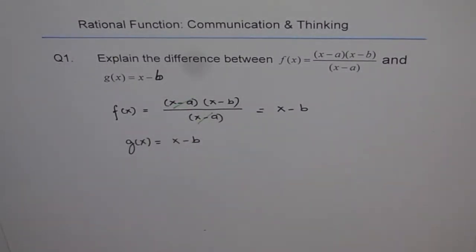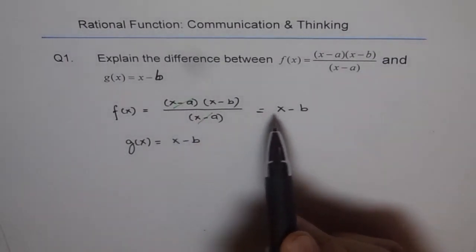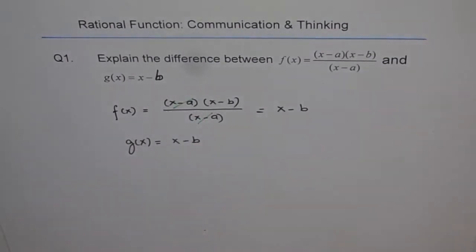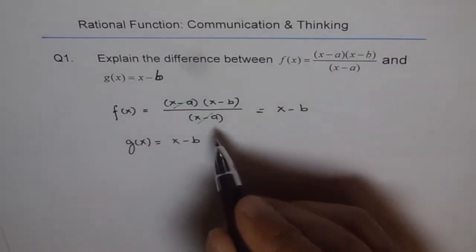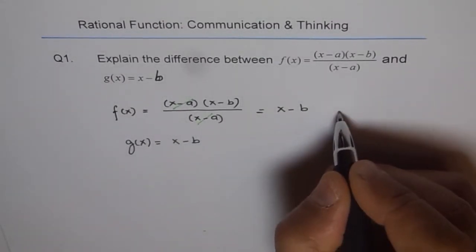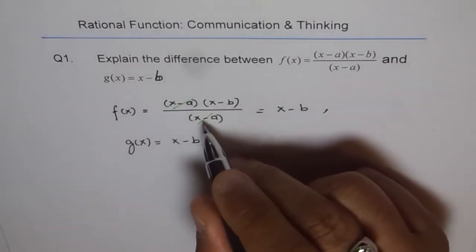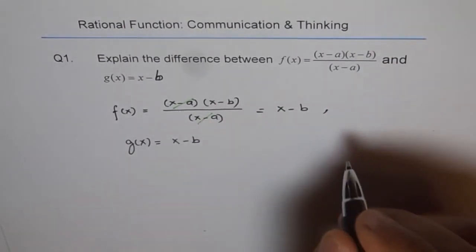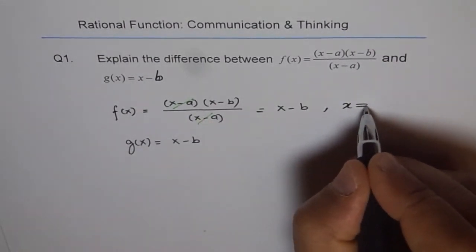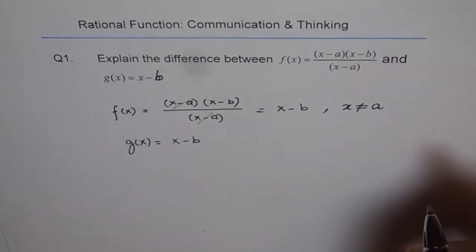Now if you look at it, they look similar. Do you see that? Now the question is, what is the similarity or what is the difference between the two? Well, for f of x, we have x minus a in the denominator, so we should always write, even after cancelling out these factors, that x is not equal to a, right?